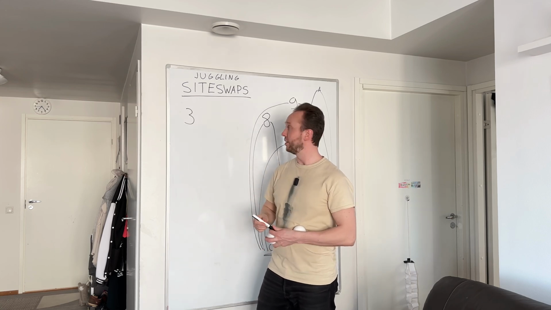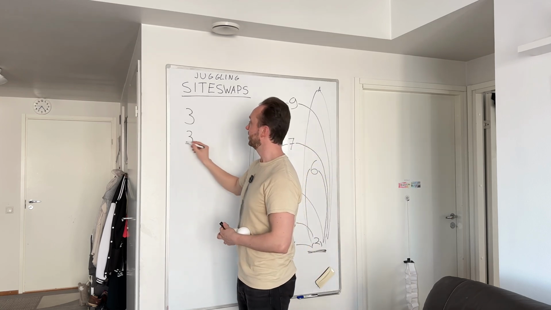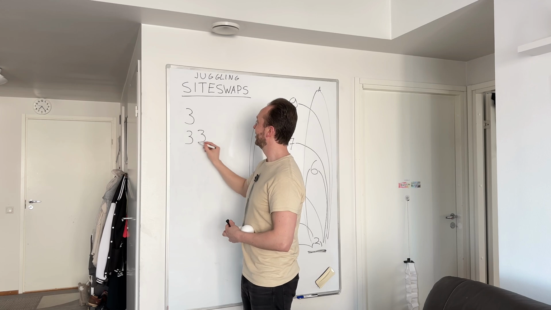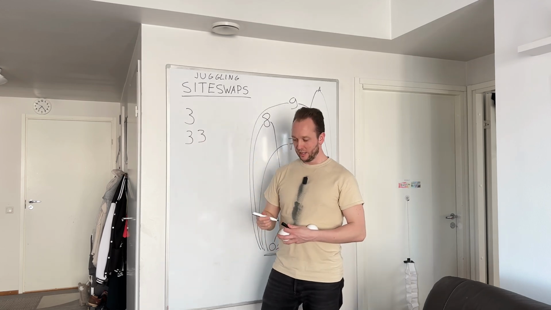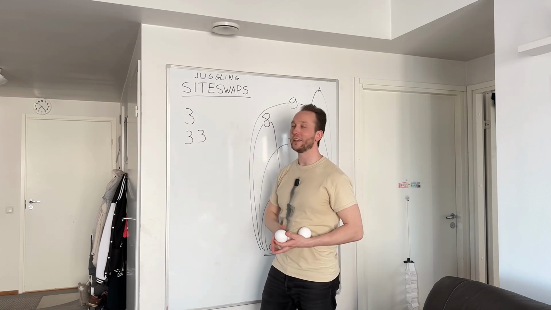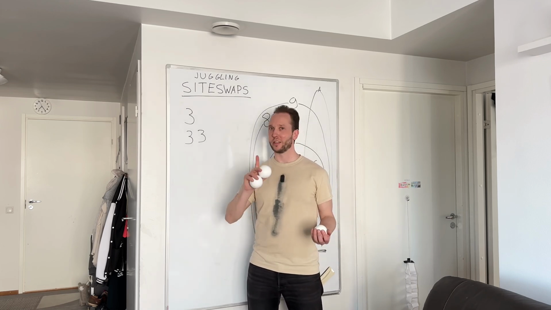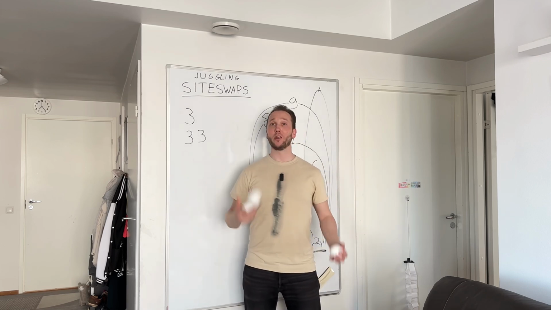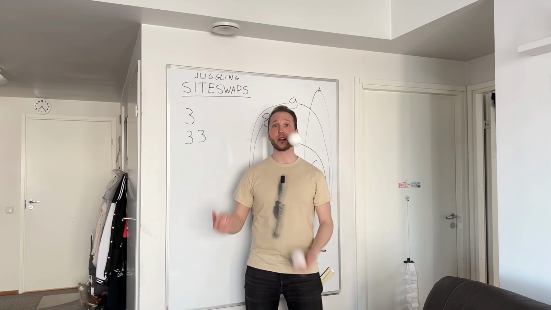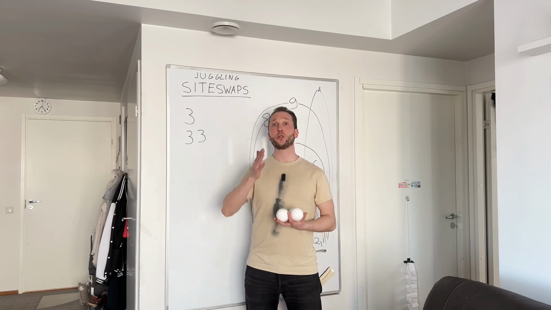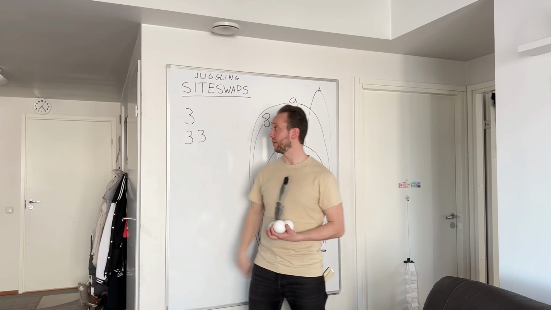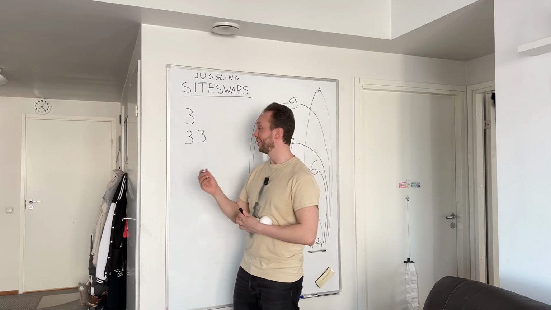Now if we make it, this is fun, 3-3, okay? What's the difference between those? And it's like, there is none, not yet. So this one would be right, left, right, left, right, left, right, left. So it's a 2-beat pattern, 2-throw pattern. Now, what's this?